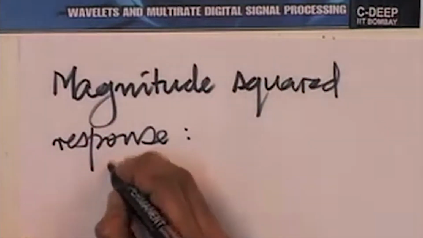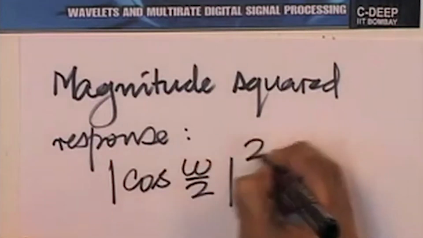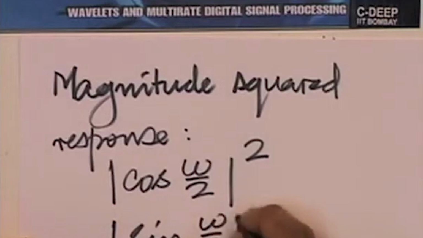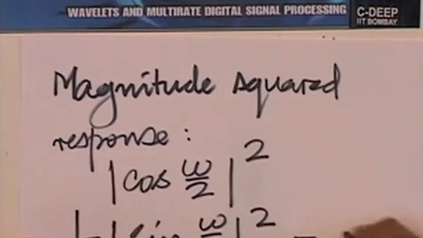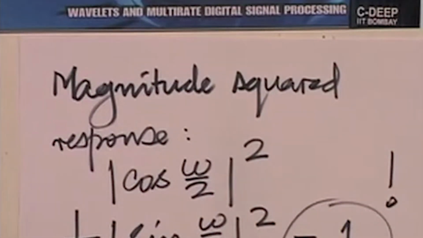In the first one, it is mod cos omega by 2 the whole squared, and in the second one, it is mod sin omega by 2 the whole squared. And lo and behold, when you add these, you get 1 as well. That is a very, very interesting observation.